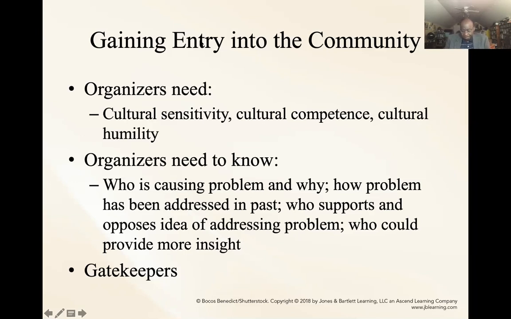Organizers need to know who is causing problems, what are the issues, and why, how problems have been addressed in the past, who supports and opposes ideas of addressing problems, who could provide more insight.